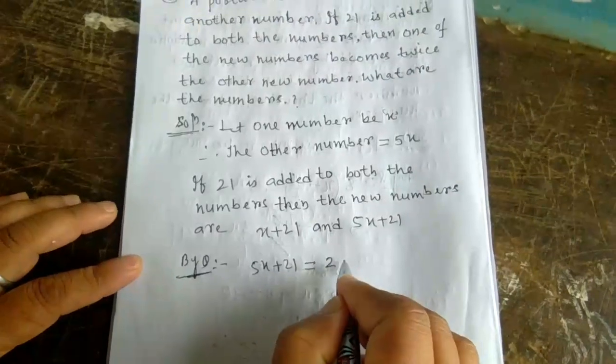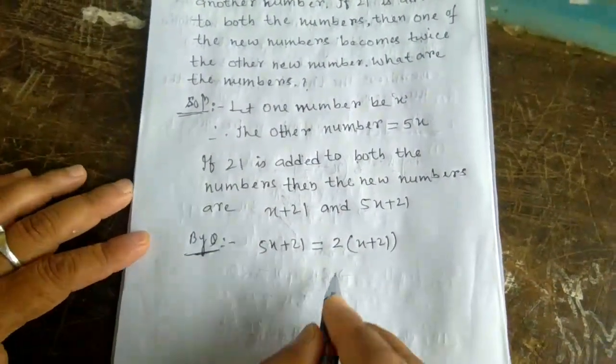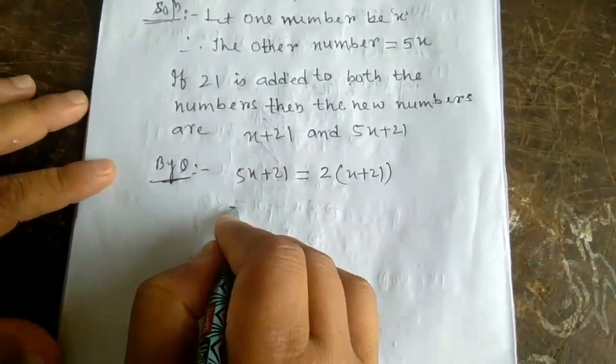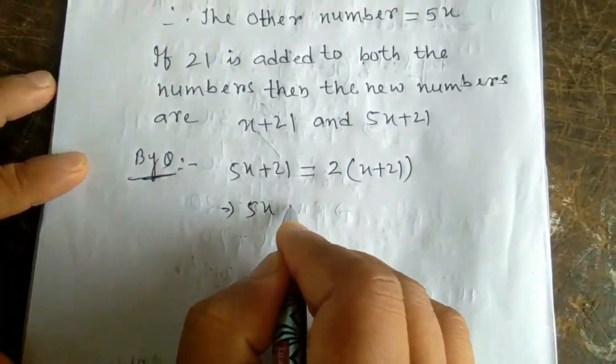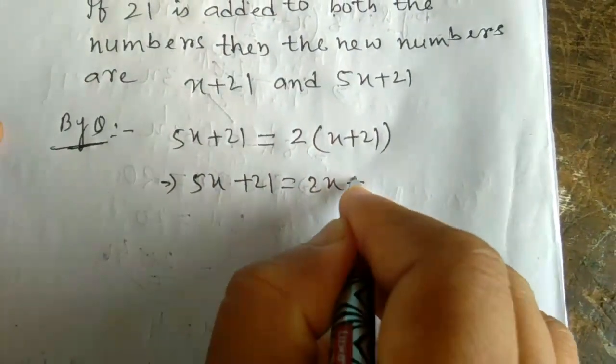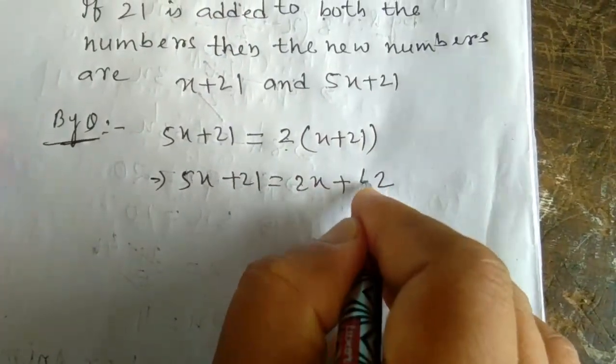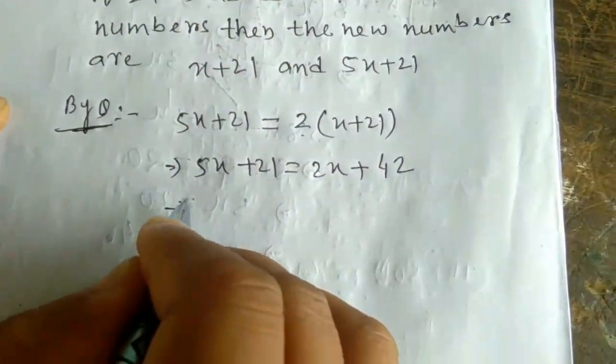Twice means two times, 2 into x plus 21, given. Alright, twice the another number. Now solve it. 5x plus 21 equals 2 into x plus 21, twice x, 2 1s are 2, 2 21s are 42. We have to solve it.